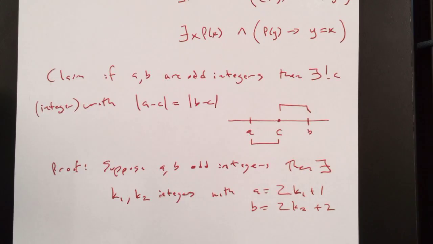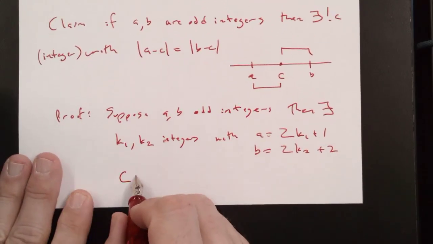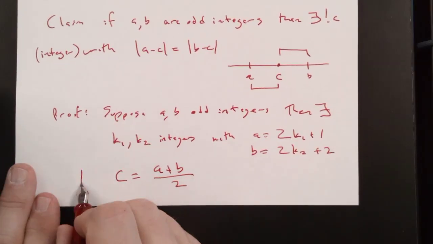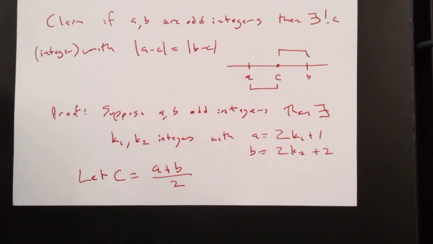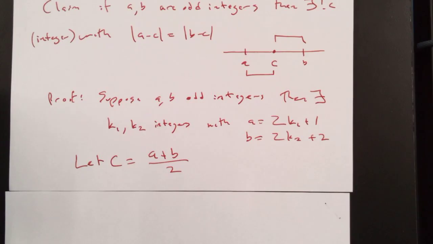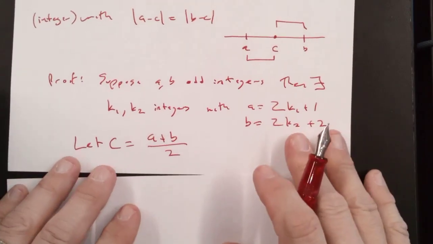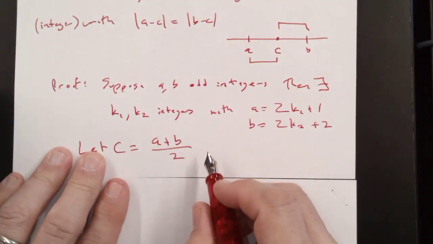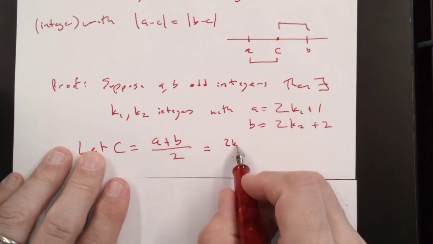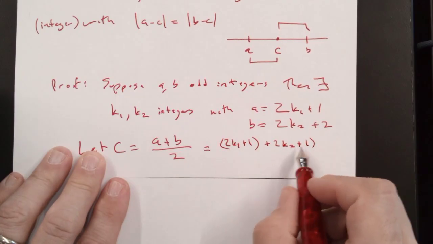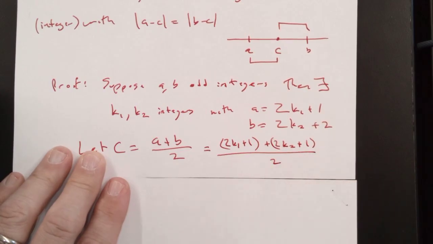So let's think about our midpoint. I've constructed it. This is a constructive idea. Let's see if this works. If c is a plus b over 2, first I need to know that c is an integer. Is this an integer? Well, that's 2k1 plus 1 plus 2k2 plus 1 all over 2.